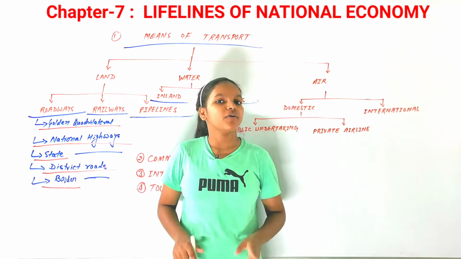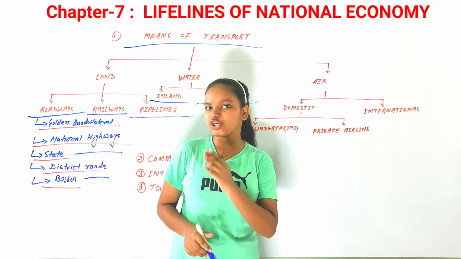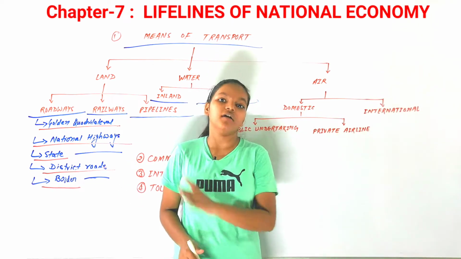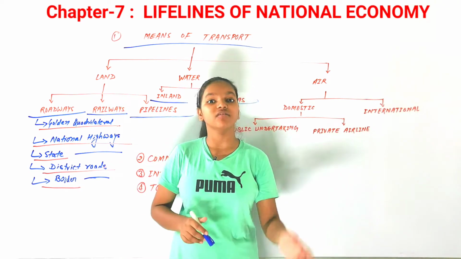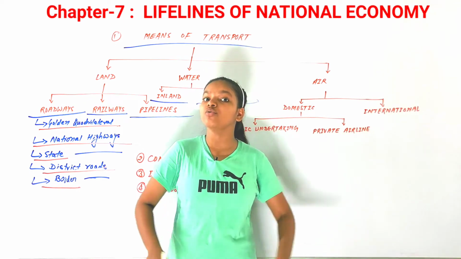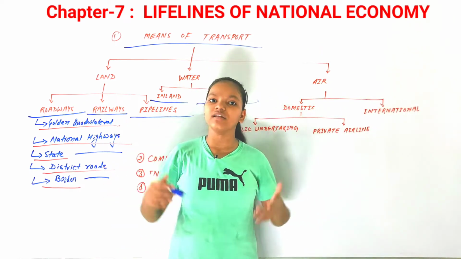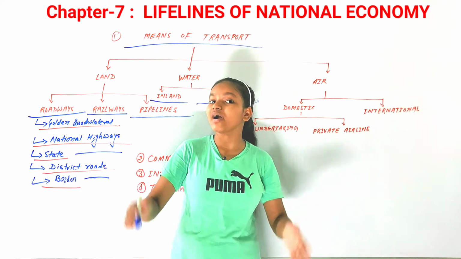The first seaport we are going to discuss is Kandla seaport in Kutch region of Gujarat. That was the first seaport developed soon after independence, because there was a lot of loss due to the partition.